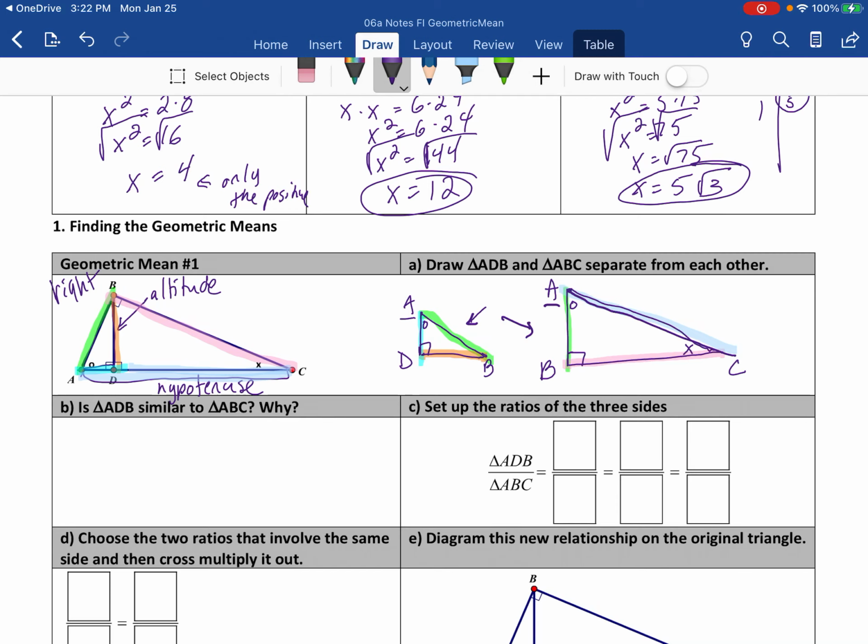Now, the first thing that you're asked is ADB similar to ABC? Well, I know this angle is congruent to this angle, and of course they both have this right angle, so I would say yes by angle, angle.